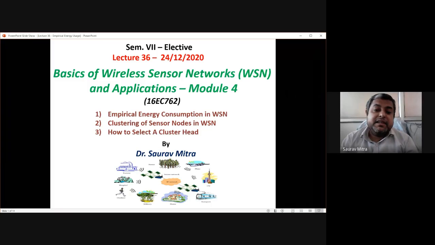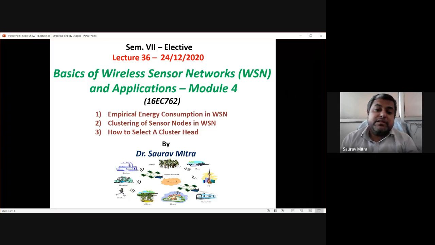So a cluster head is a cluster node with sensing capability and with a few more added functionalities compared to the other sensor nodes. How to select a cluster head, that algorithm or theory we are going to see in the third topic.